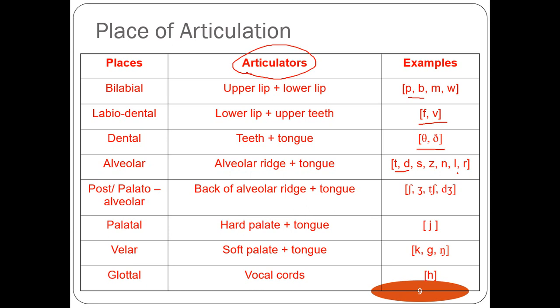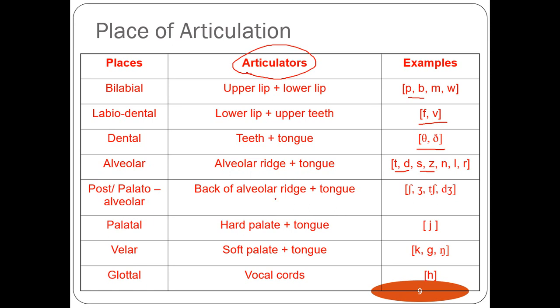Because we have almost seven sounds here, which are made with the help of the tongue and alveolar ridge. And we have two pairs here. The first sound in this pair is voiceless and the second one is voiced, and likewise, s is voiceless and z is voiced.